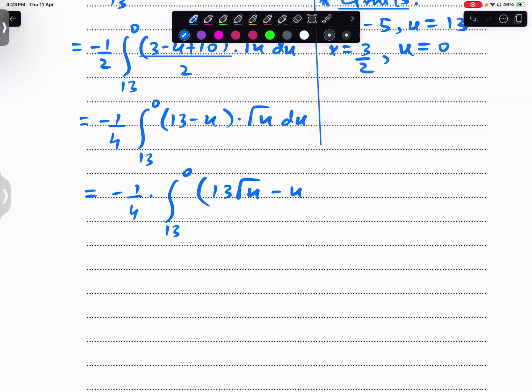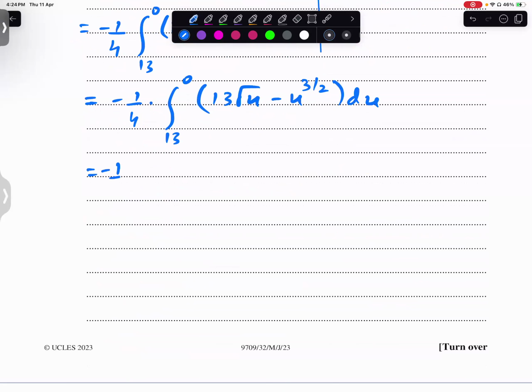U times root u is u power 3 by 2. Now integrate this. Minus 1 over 4, 13 u power 1 over 2 plus 1 is 3 by 2, 2 by 3, minus 3 by 2 plus 1 is 5 by 2, 2 by 5.